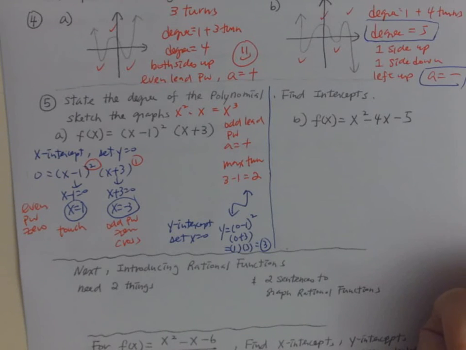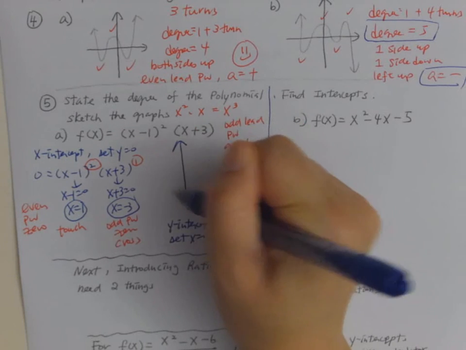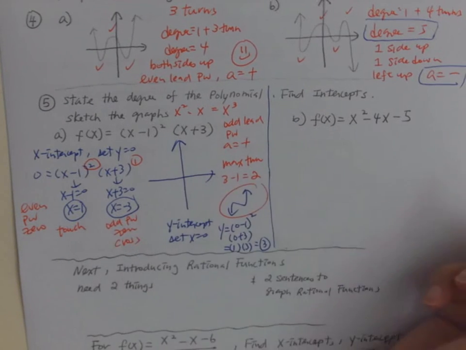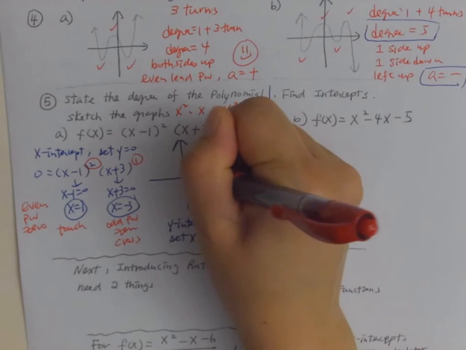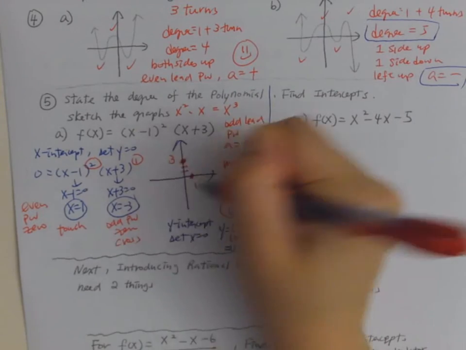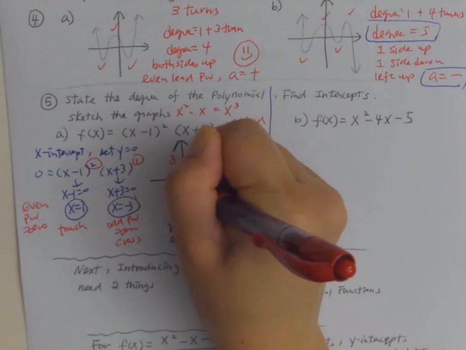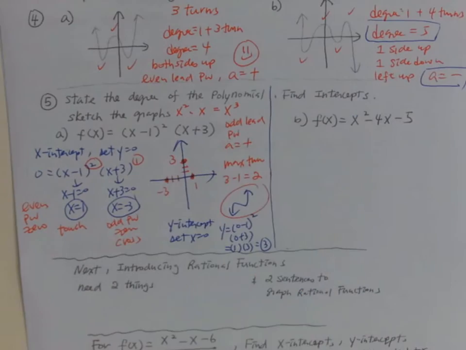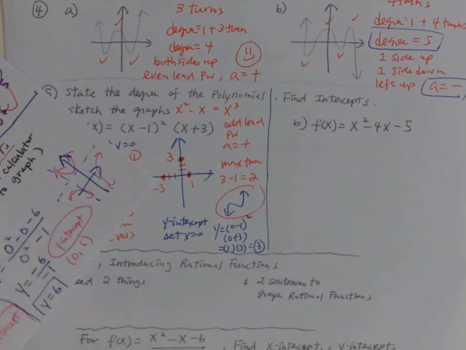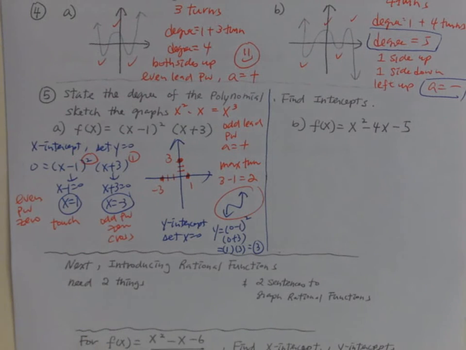Okay, so let's try to sketch it. So I know it's supposed to look like this, and then I need to mark y equal to 3 here, and then x equal to 1 here, and then x equal to negative 3 here. All right, so let's see.